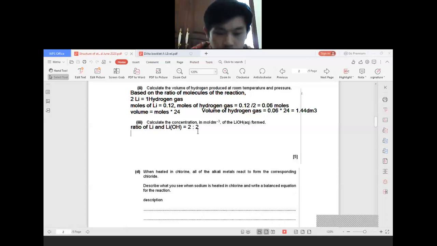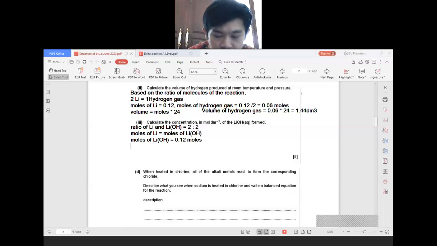It means moles of lithium equals moles of lithium hydroxide. So moles of lithium hydroxide equals 0.12 moles.